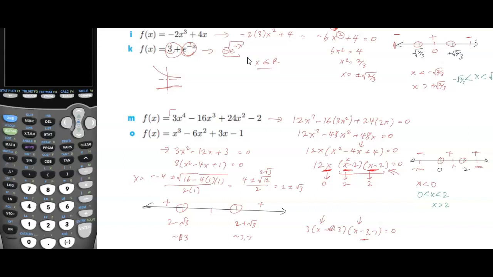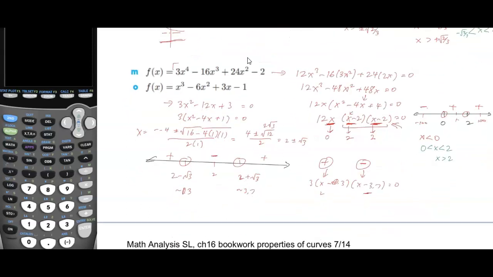Okay. So if I put in a number that's in the middle, like 2, 2 minus 3.7 is going to give me a negative 1.7, which is a negative number. And if I put 2 into this one, 2 minus 0.3, that would give me a positive number. So that would be 3 times a positive number times a negative number. So that would give me a negative number in the middle, right?